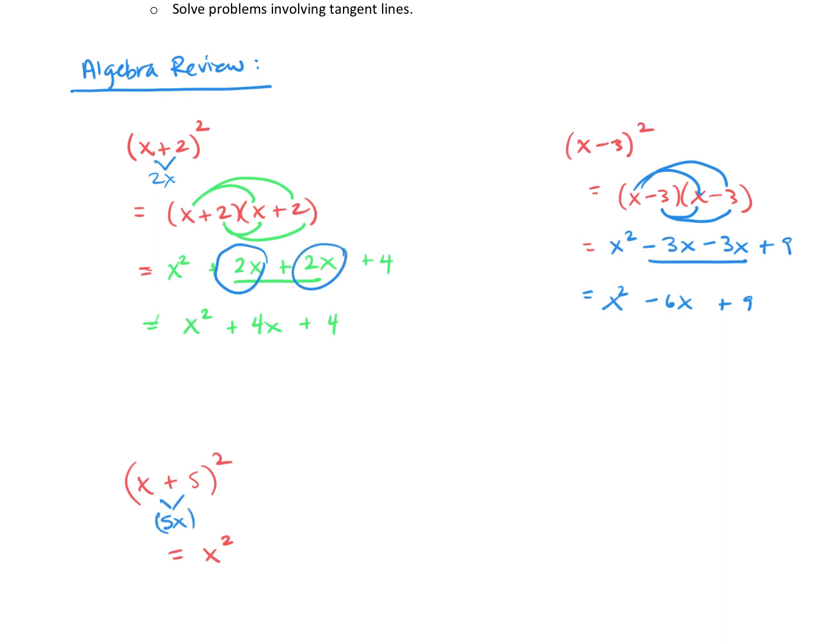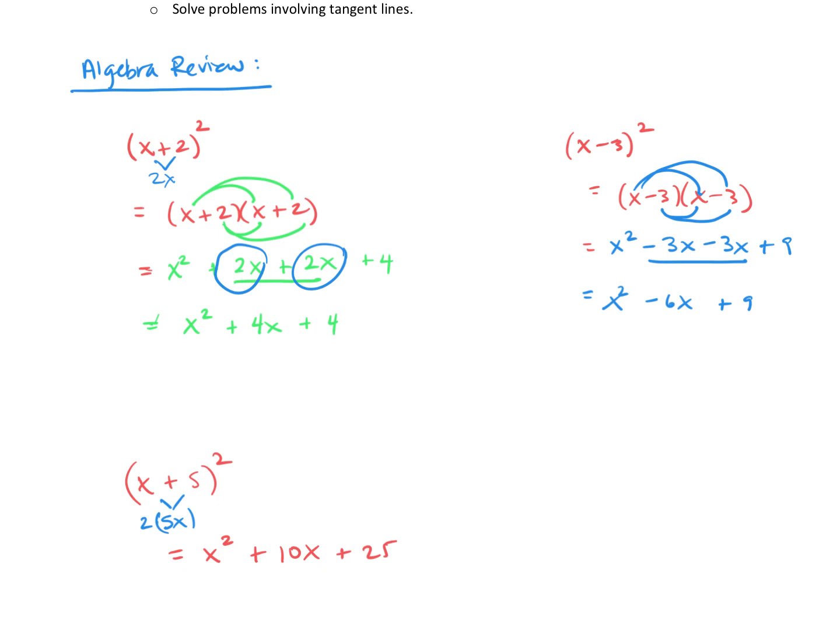So we're going to double that. That 5x times 2 is going to be our middle term. I know I'm going to have a 10x in the middle. And then the last term just comes from squaring the 5. So plus 25. And now I have my answer.